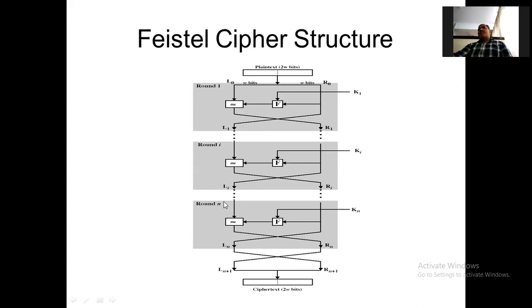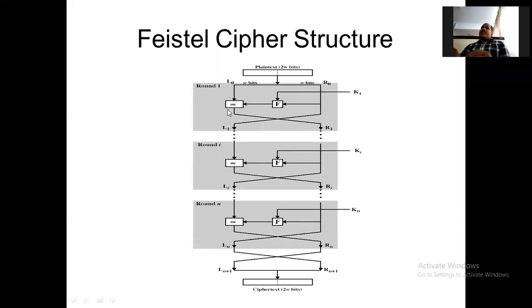Feistel suggested taking a minimum of 16 rounds. He analyzed this structure and suggested that at least 16 rounds should be taken, which provides more security, so it is not easily vulnerable to recovering the original plain text using this algorithm.